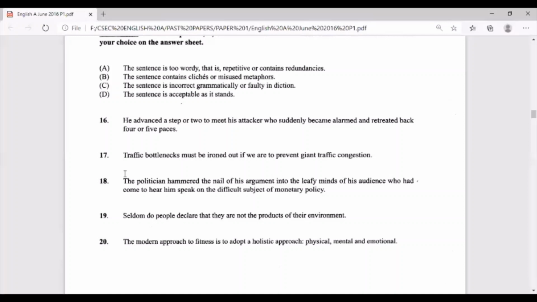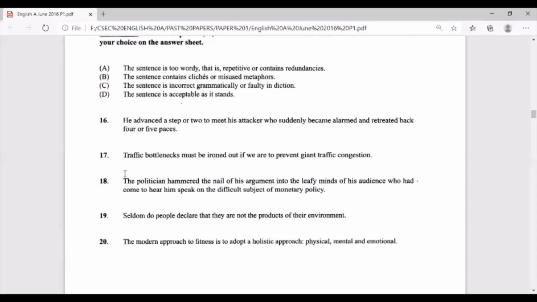So these bottlenecks must be ironed out. Now, we get what the sentence is saying, because you say you have problems, we need to iron out our issues, iron out our problems. But is it okay to say we're going to iron out the traffic bottlenecks? That's where our problem is. So the metaphor here is just not used properly. Okay, so we're going to go with B.